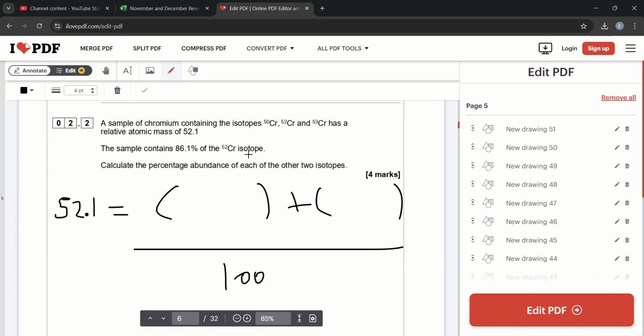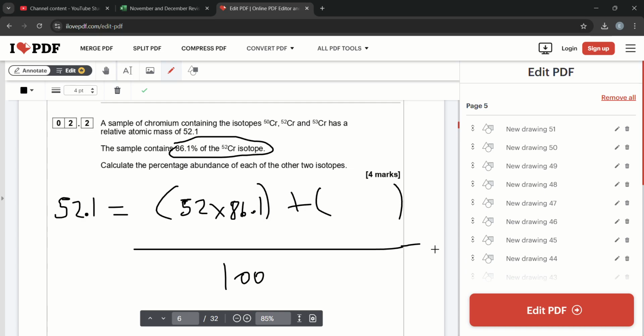We know that the sample contains 86.1% of 52Cr isotope. So that's really nice. So now we can just write that down as this: 52 times by 86.1.